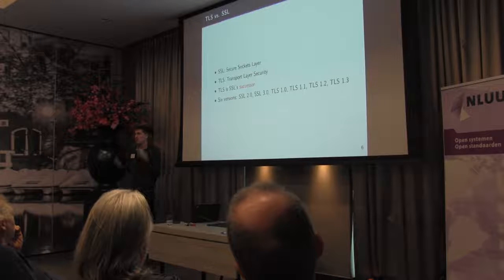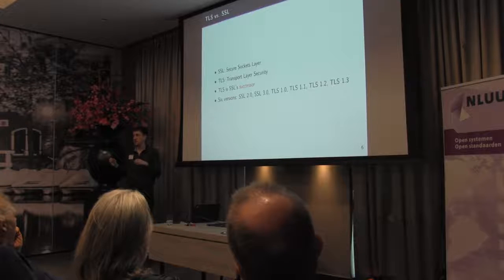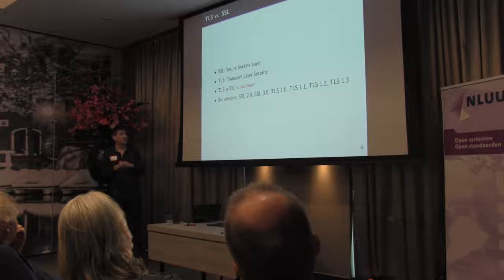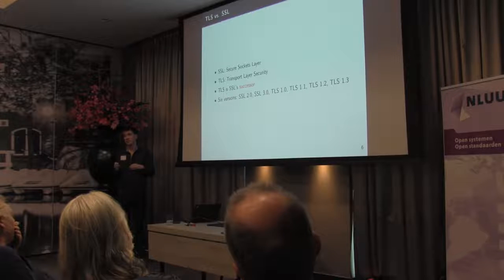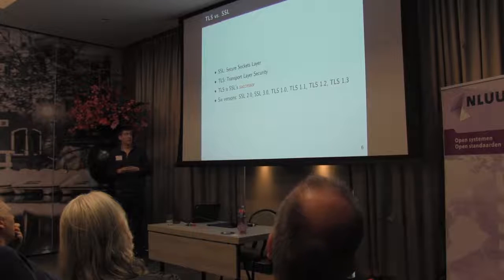So there's sometimes a bit of confusion about what the difference is between TLS and SSL. Well, SSL stands for Secure Sockets Layer. It was named that because it was based on the BSD sockets interface. TLS means Transport Layer Security, and really TLS is simply the successor of SSL.